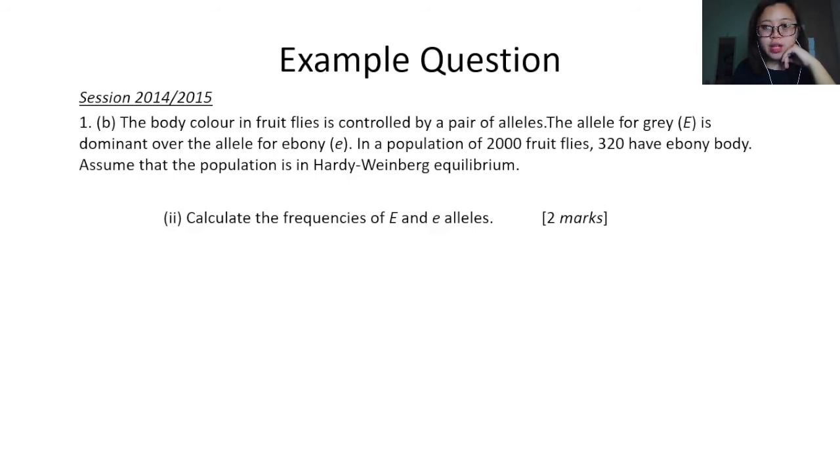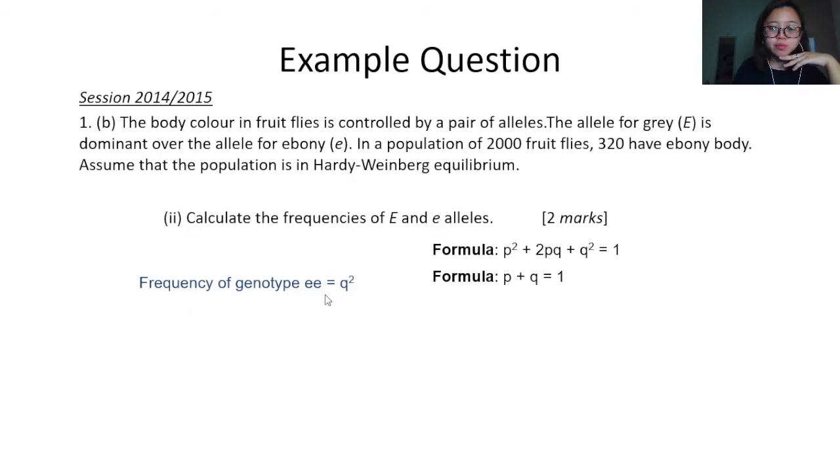Kita mesti mula dengan Q square. Sebab kamu tidak tahu yang gray body itu adalah homozygous dominant ataupun heterozygous. So we must always start with Q square.